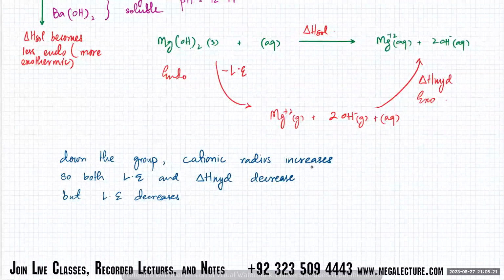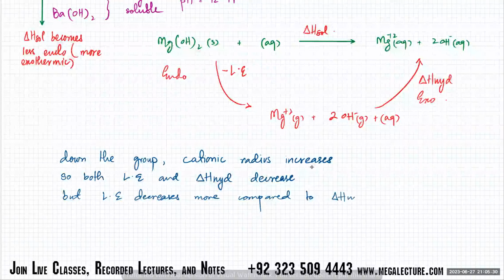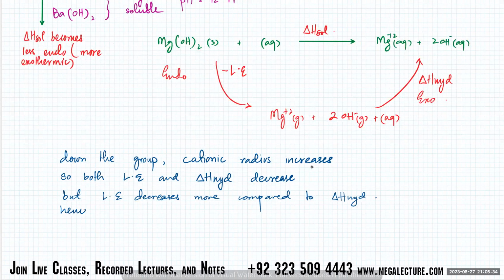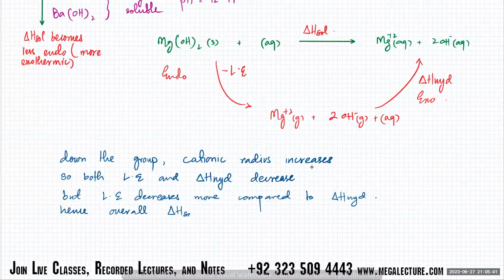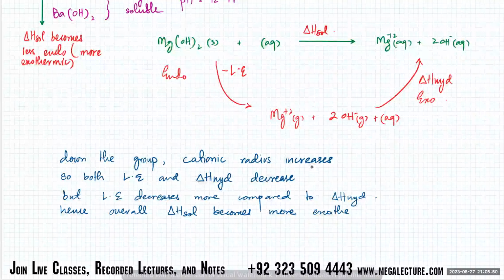So lattice energy decreases more compared to delta H hydration. Hence, overall, your delta H solution becomes more exothermic down the group. Or you can say less endothermic.